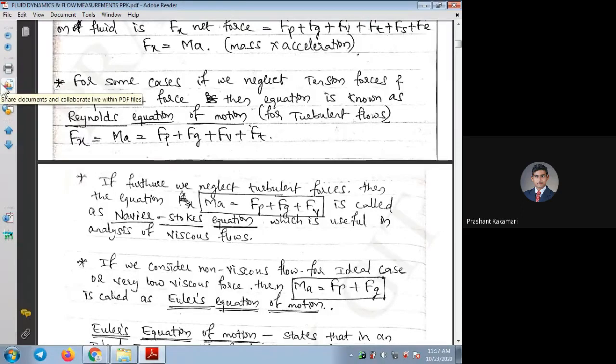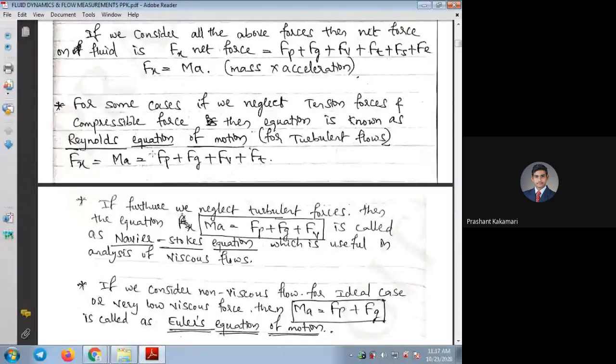So please all of you note down these three equations of motion. One is Reynolds equation of motion, which is very near to reality. This is the reality where all the forces are acting on the fluids, and because of this it is having some motion. This is very near to the reality, and that is called Reynolds equation.